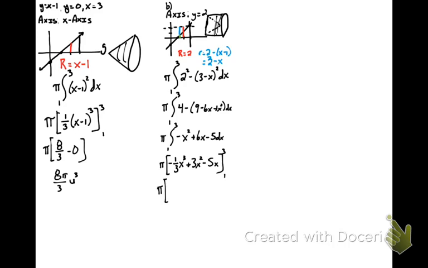First we'll substitute in 3, so it'll be negative 9 plus 27 minus 15, minus our lower limit of integration is 1, so this will give us negative 1/3 plus 3 minus 5. And cleaning all of this up, we end up with 16 pi thirds units cubed for our volume.